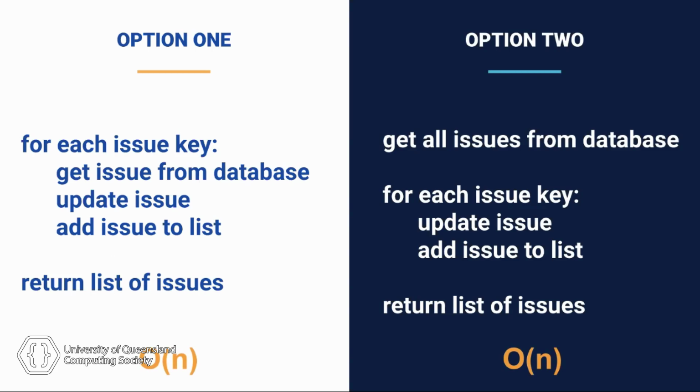But you need the knowledge of how to analyze how code runs in order to realize that in option 1, getting an issue from the database scales with N as the input size. In option 2, calling the database is an O of 1 operation. You only do it once for every request. And in our case, database access, super slow. We try to avoid it as much as possible. And therefore, we would absolutely prefer the second option every time.